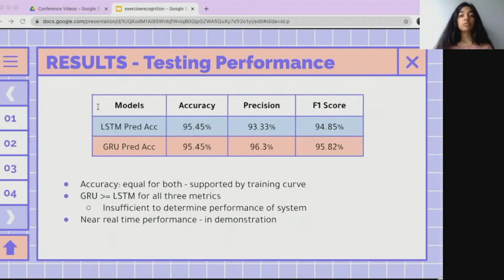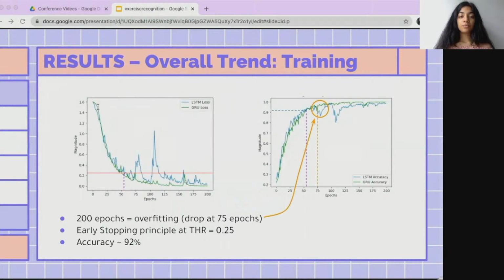For testing the performance of our system, accuracy, precision, and F1 scores were obtained from the confusion matrix of the test data subset. Precision score is a metric of how trustworthy a model is when it actually makes a prediction. F1 score is an overall assessor of performance from the confusion matrix. It can be observed that the accuracy for both models is equal. This is probably understandable because of the early stopping threshold.